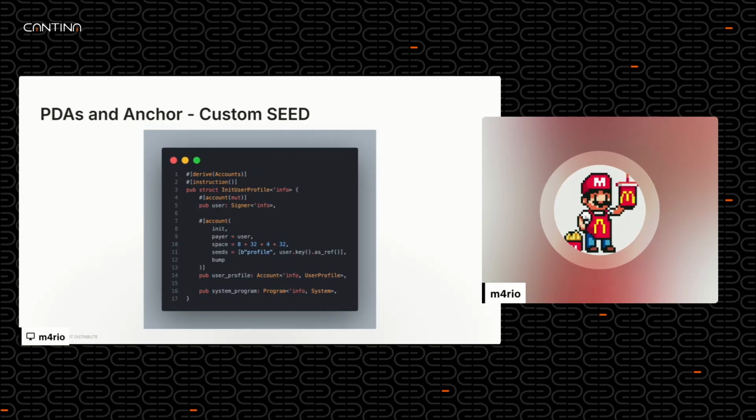So as you can see, these seeds construct basically has a profile and a user key, and it generates this PDA, which is specific for this user. There is no other way to generate this PDA, because it's the user public key and this profile, which is basically a prefix that we define in our program.